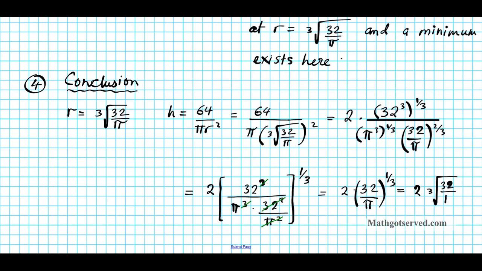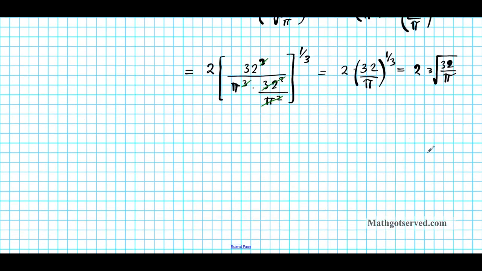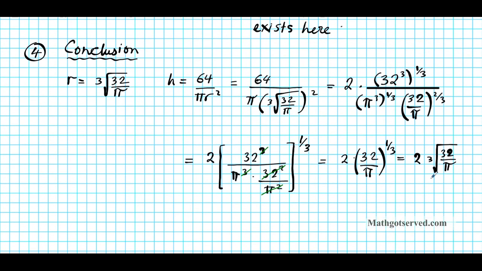Now, does this look familiar? It should. This piece right here is the same as r. So it's basically equal to 2r. So h is equal to 2r.